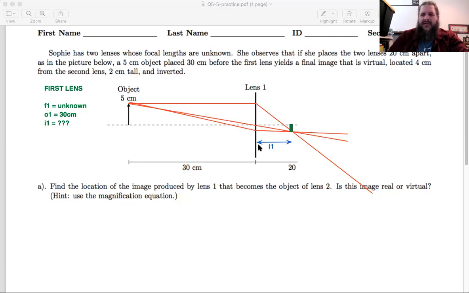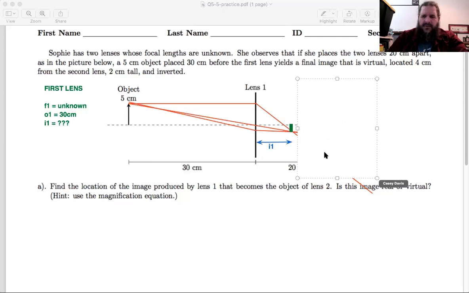But in general, if some value could be positive or negative, and you're just trying to set up an arbitrary general description, usually I would go with the case where that value happens to be positive and try working it out from there. And then if it turns out it's a negative number, you'll just plug a negative number into whatever formula you get. So I'm treating this as assume it's a real image for now, because that would lead to I1 being a positive value. And I think that's going to make the equation easier to set up.